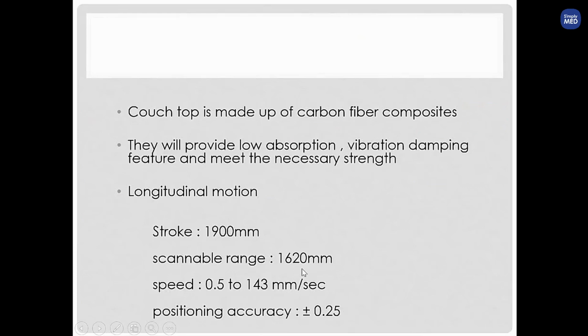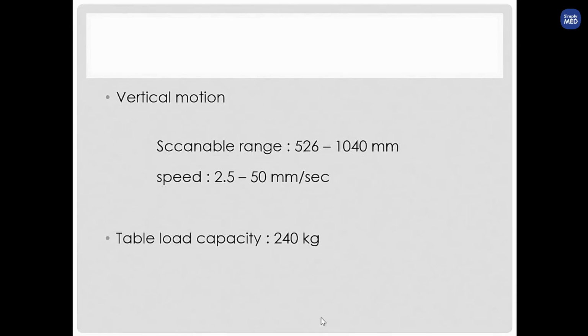The speed is 0.5 to 143 mm per second, with around plus or minus 0.25 accuracy. In the vertical motion, the scannable range is around 526 to 1040 mm, and the speed is 2.5 to 50 mm per second. And this patient table has a capacity to load around 240 kg.